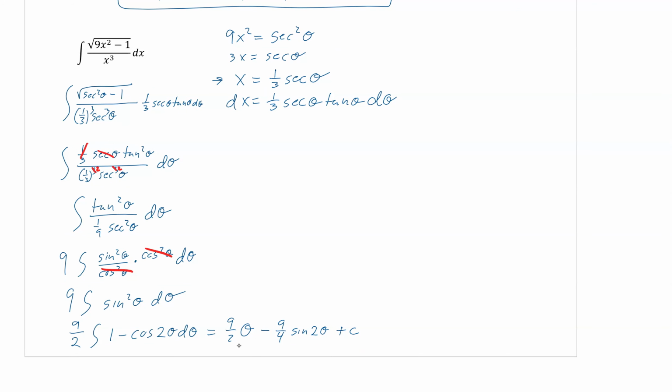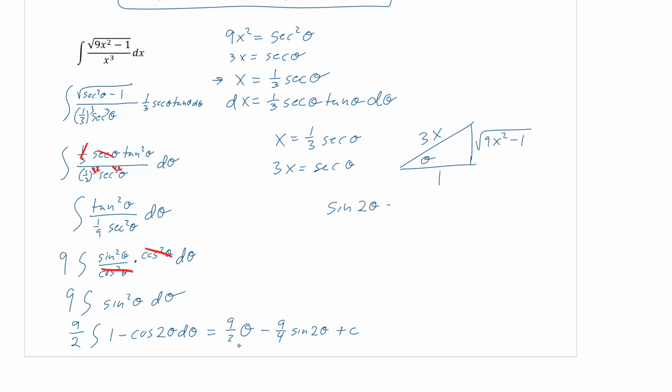So right here we have x equals 1/3 secant theta. That means that 3x equals secant theta. So when we do our triangle, secant again is hypotenuse over adjacent. So what we would have over here is the square root of 9x squared minus 1. Now we need sine 2 theta.